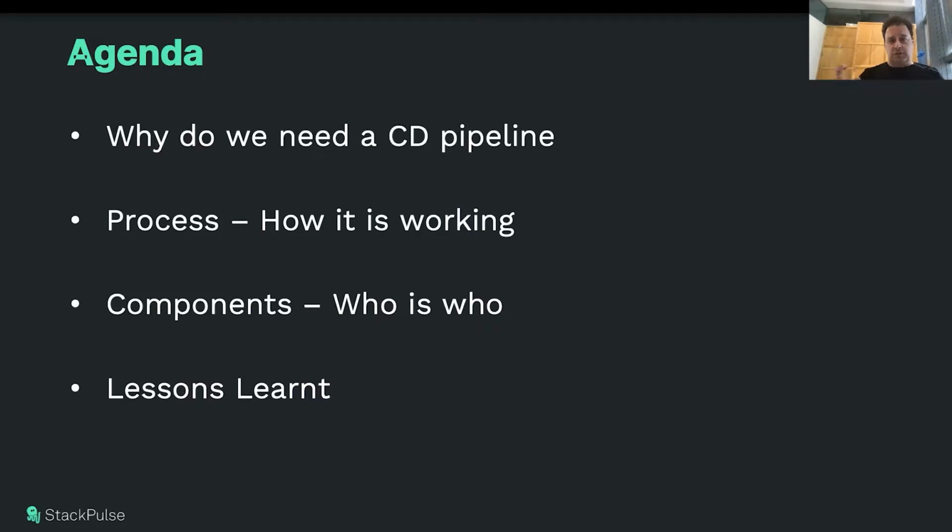And then we will zoom in on each and every component in the system and ask questions, hopefully difficult ones, about why certain architectural choices were made, what is the exact function of each and every component, what are the alternatives that we considered and decided not to choose. That's it. Hopefully, at the end of this talk, we will leave you with a lot of lessons learned and food for thought on how to build your own continuous deployment for Kubernetes-based applications.